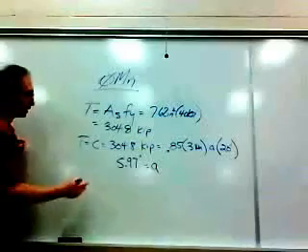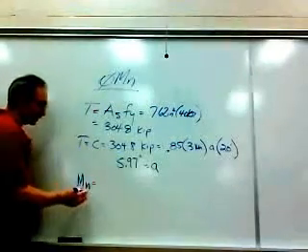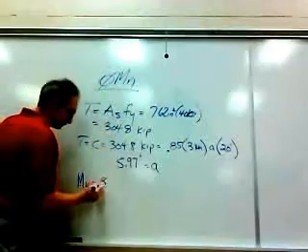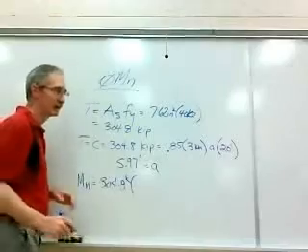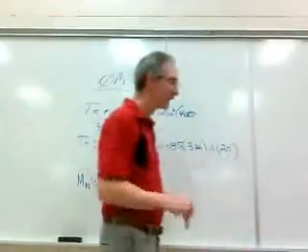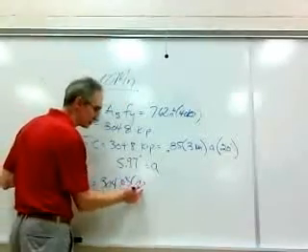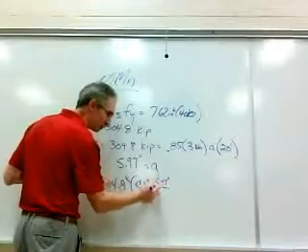Okay. All right, so then Mn is equal to T times the quantity of D minus A over 2, and the D that they give us here is 42 inches. A we just solved for.